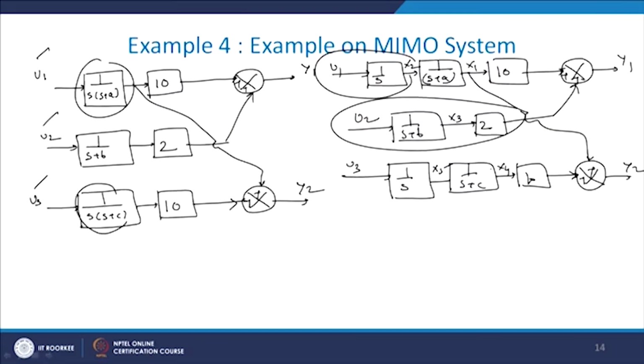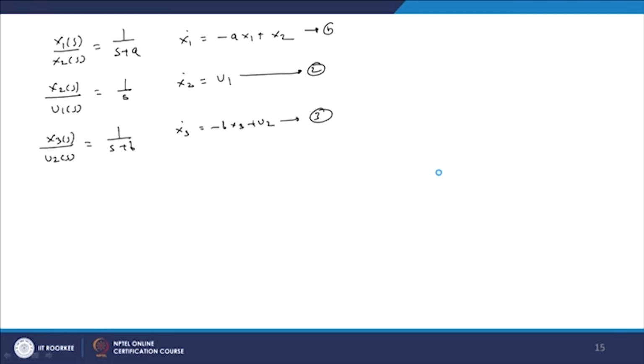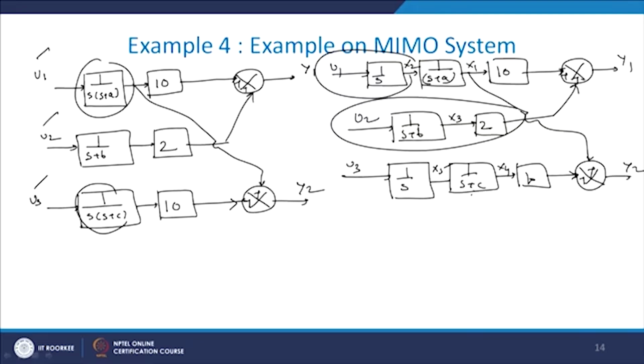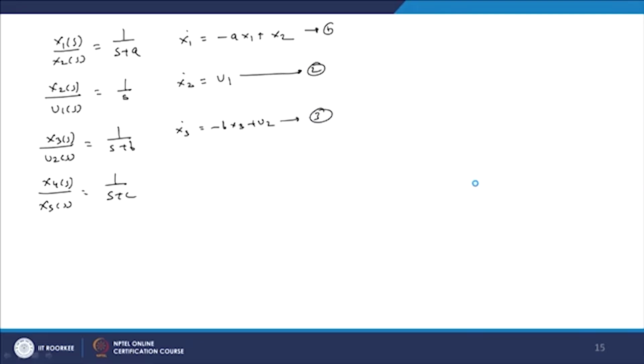Now, coming to this. Here are two blocks, that is x4 with respect to x5 and x5 with respect to u3. So we have to write down the equations for these blocks. We can write x4 of s by x5 of s equal to 1 upon s plus c. So you write it like this, and now we solve it.